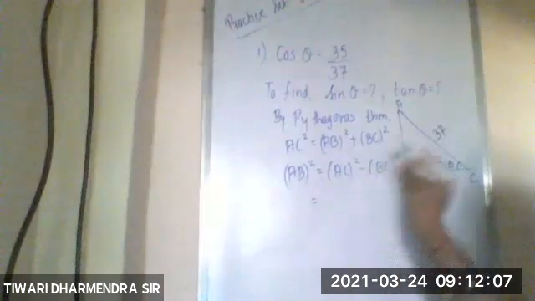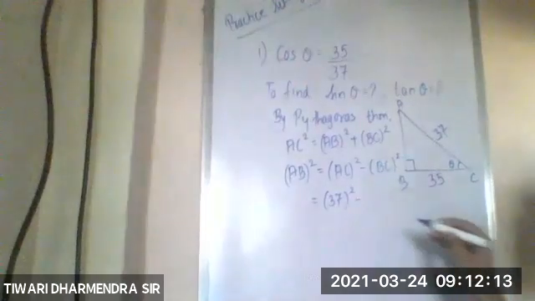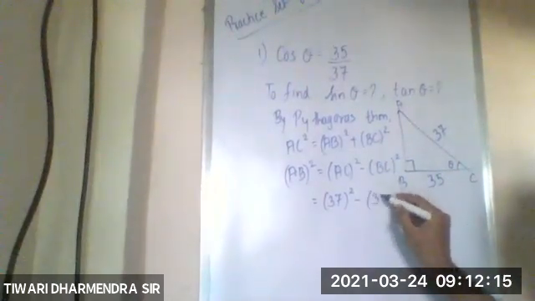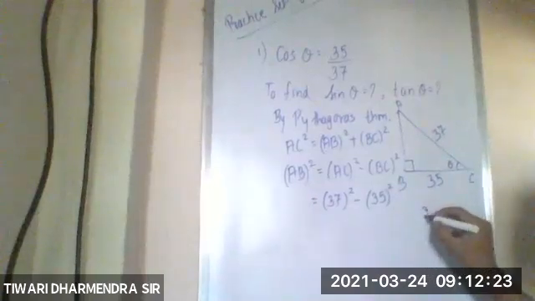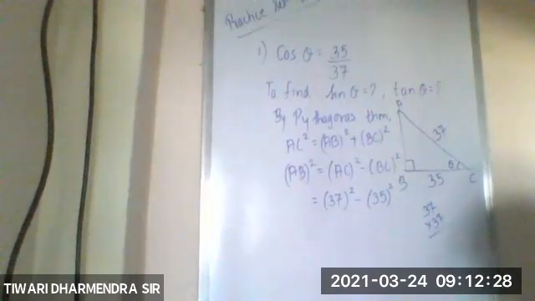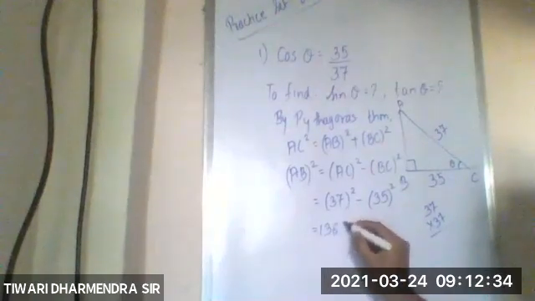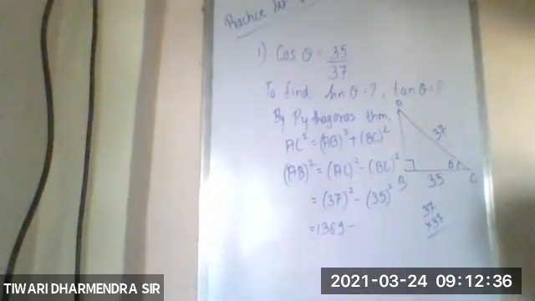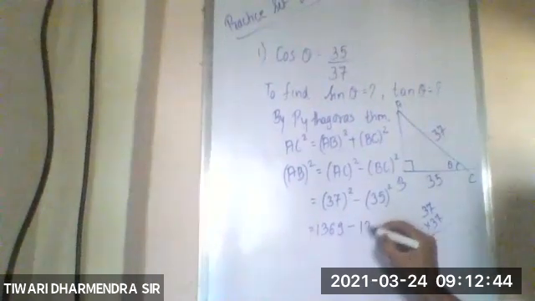As we know the value of AC as well as BC, AB square is equal to 37 square minus 35 square. Multiply 37 into 37. What will you get? 1369. So 1369 minus 35 into 35. You all do the calculation, very important. 1225.